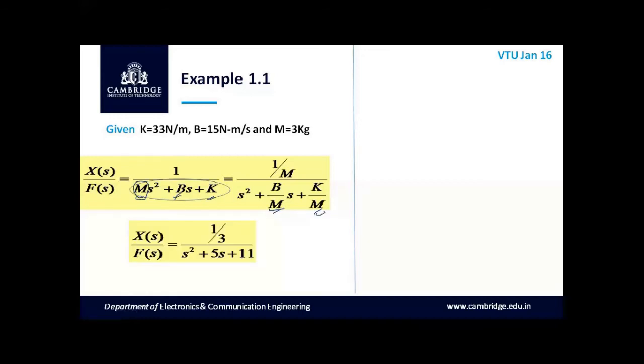I have been given k is equal to 33 Newton per meter, b is equal to 15 Newton meter per second, and m is equal to 3 kg in the given data. So let us substitute m as 3, b as 15.